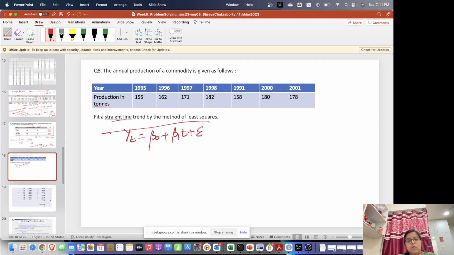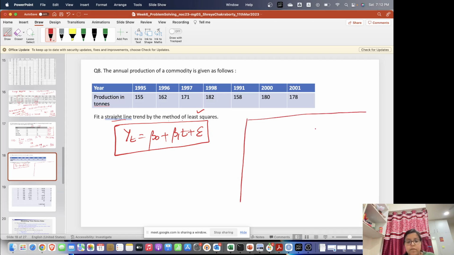We want to fit this regression model by the method of least squares. Now how will I devise my table? So this should be time point 1, 2, 3, 4, 5, 6, 7.